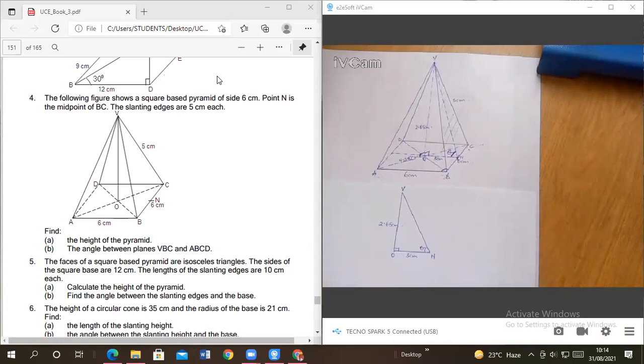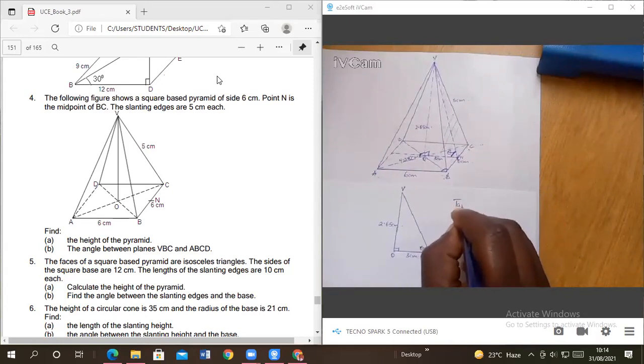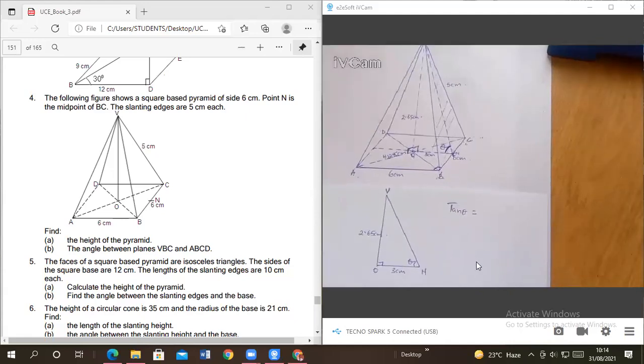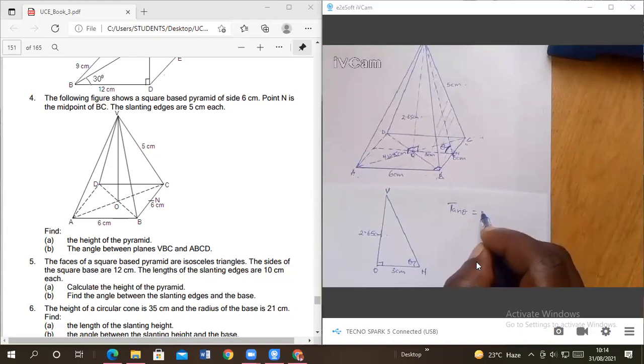We are going to use tan. So we shall say tan theta. Esther, lead us. Tan theta equals to?